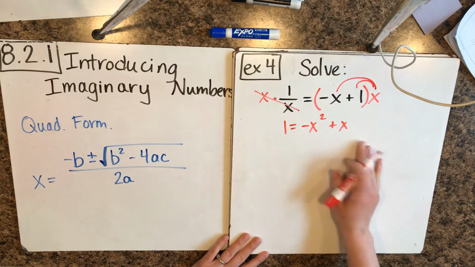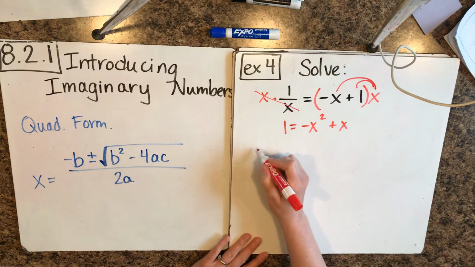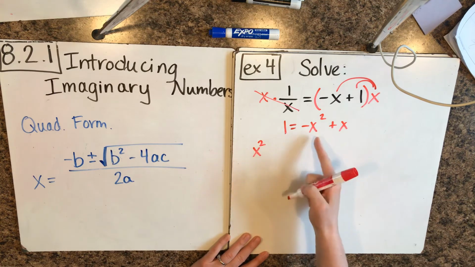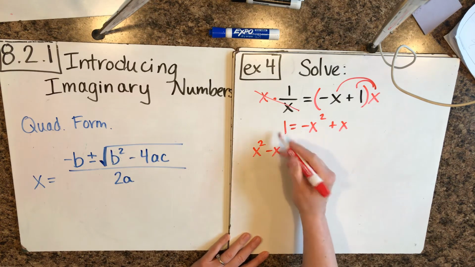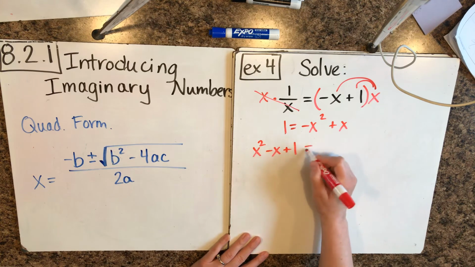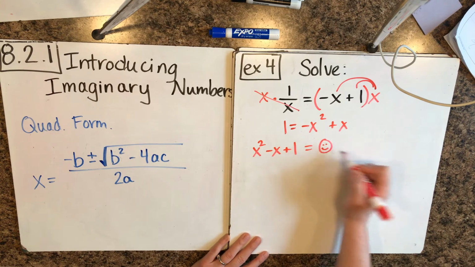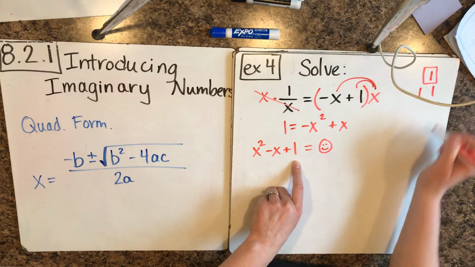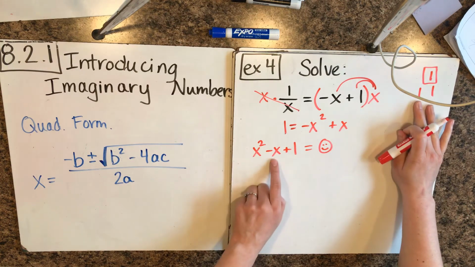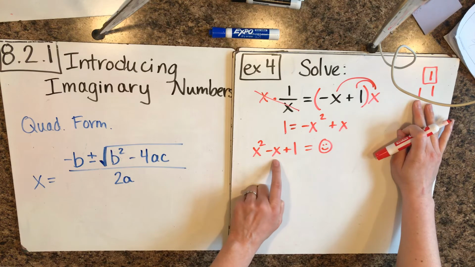Okay, now in order to solve that, of course, I want everything on one side. So positive x squared, because I'm adding it over, negative x, because I'm subtracting it over. I'm not moving the 1, so I keep it a positive 1, equals 0. Okay, and again, here's my 1, and my factors of 1 are 1 and 1, but if I add them, I get 2. If I subtract them, I get 0. That's not going to help me here.